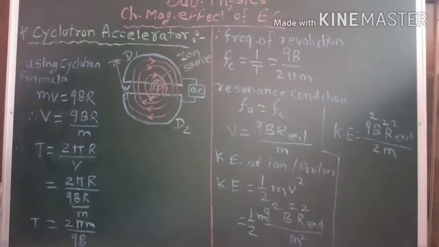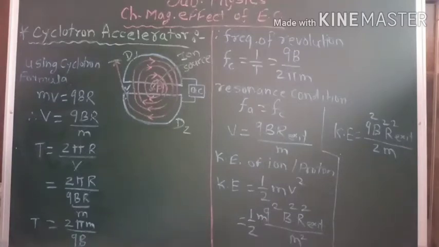Then this cyclotron was invented by Lawrence and Livingston in 1934, for the purpose of studying nuclear structure.